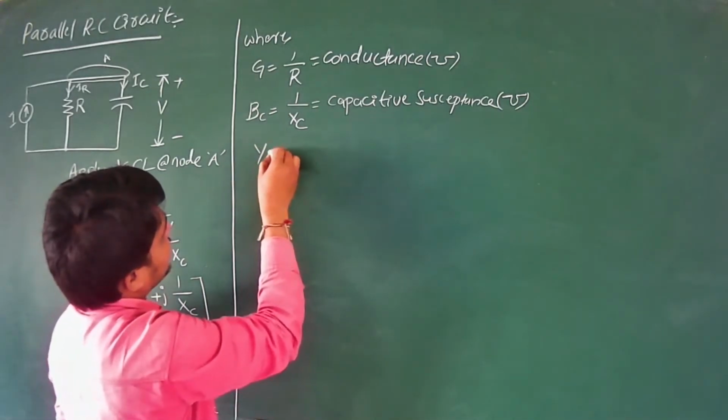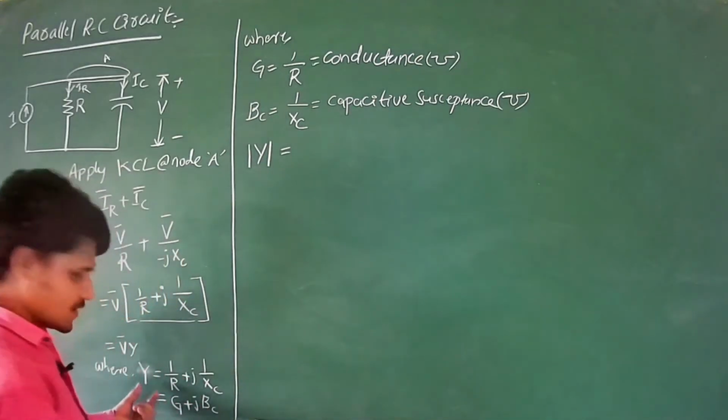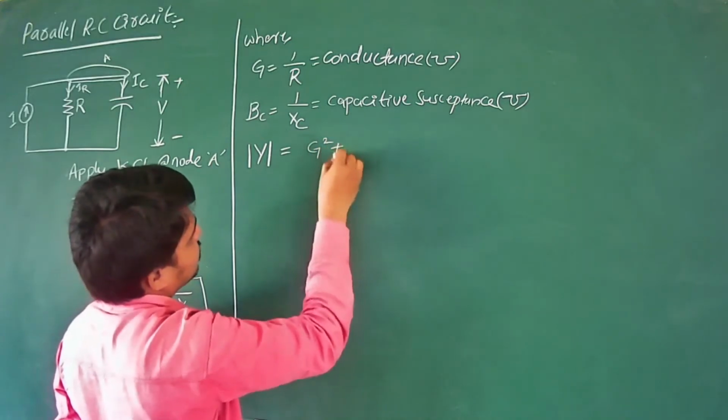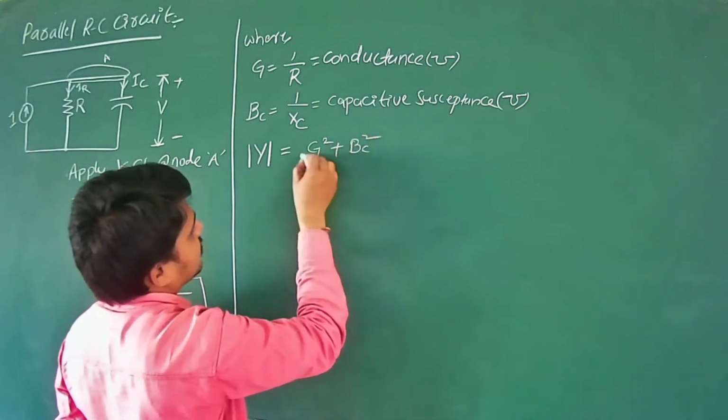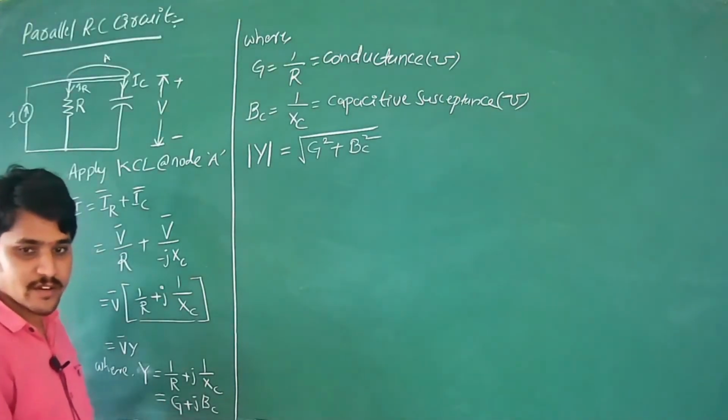Therefore, the magnitude of Y is expressed as the square root of G square plus BC square.